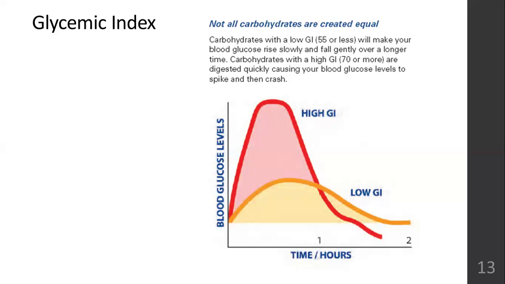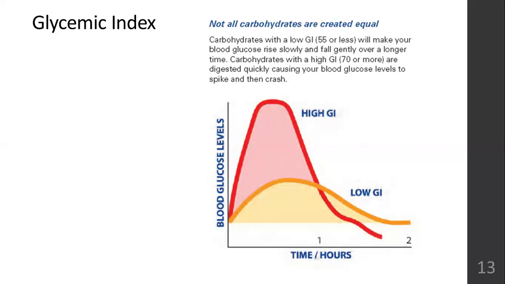Okay, carbohydrates that have a low glycemic index, 55 or less, are the ones that we usually ask diabetic patients as well as people who are using glycemic index to lose weight. Okay, for them it is prescribed. Be in the food categories which have low glycemic index.